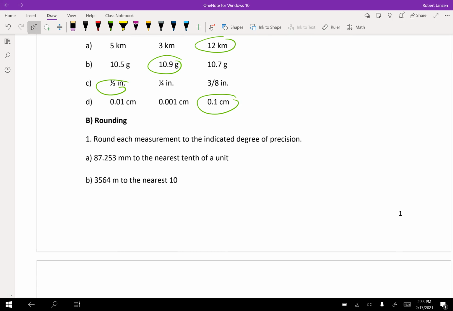Okay, let's round each measurement, so some more rounding. So it says in the first one, to the nearest tenth of a unit. The tenth is the first decimal, so I see that the 5 is enough to round it up. Okay, to the nearest 10, that's where the 6 is. So if I look at the 4, that's not enough to round it up.